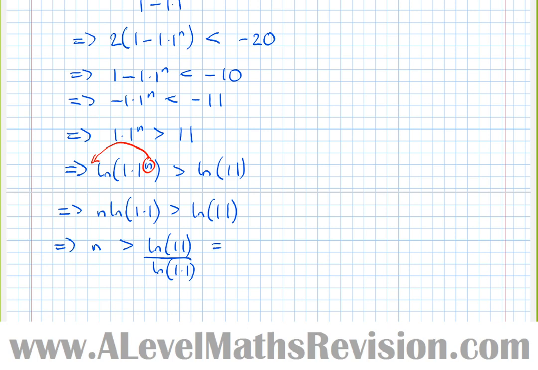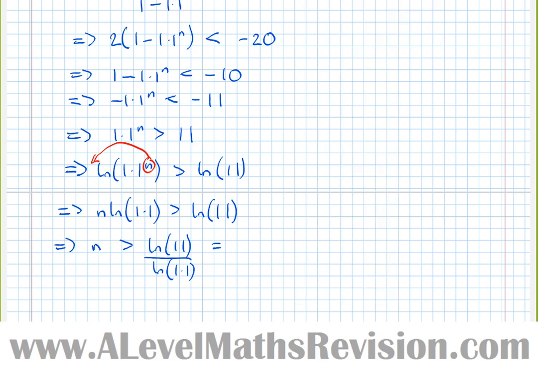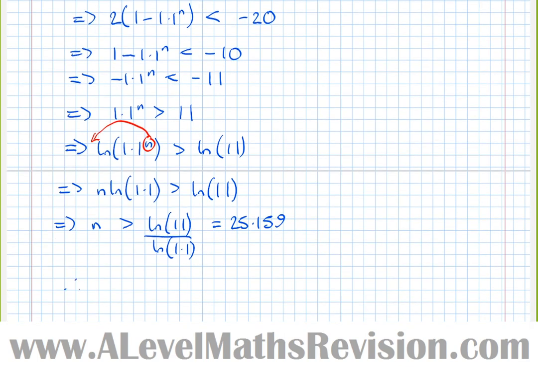So log of 11 divided by log of 1.1 equals 25.159. So n has to be bigger than that. Therefore, n equals the next integer up, 26.